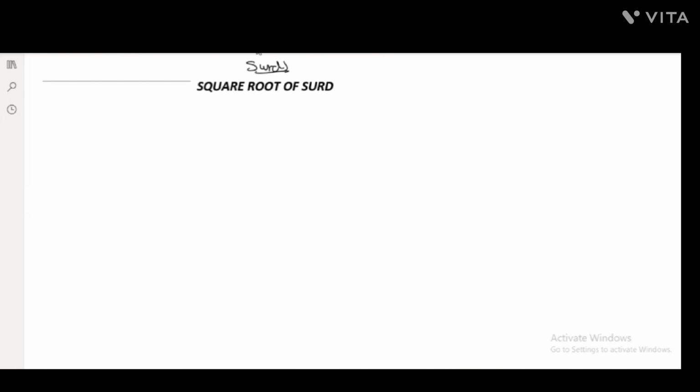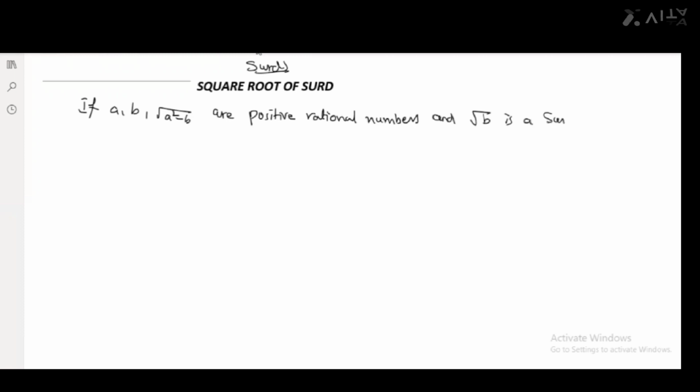So let us see in this topic today, if a, b and root of a square minus b are positive rational numbers, and root b is a third, then how can we find the square root of a plus or minus root b?